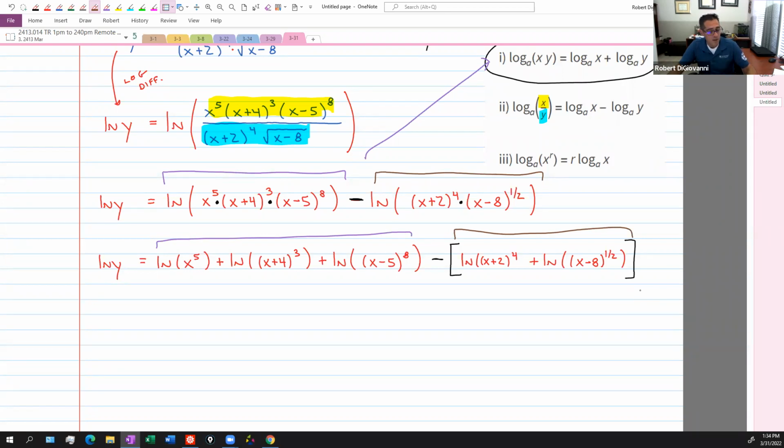Anywhere I have a power, the power can come out. Natural log y equals, okay, this 5 is going to drop. 5 natural log of just x plus, okay, that 3 is going to drop. 3 natural log of x plus 4. And then plus this 8 is going to drop out front. Natural log of x minus 5.